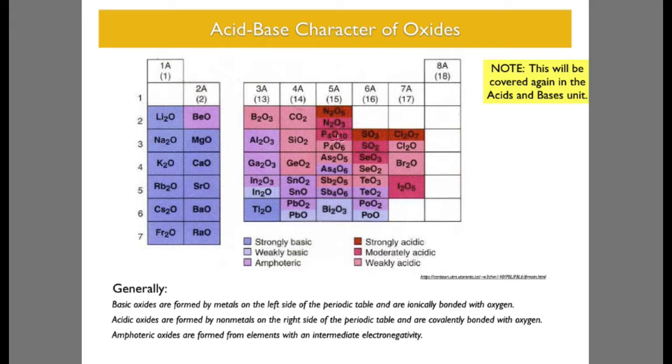So these here, the darker reds, the strongly acidic oxides, are covalently bonded to non-metals. The amphoteric oxides are formed from elements with an intermediate electronegativity, and that would be the lighter lilac colour here and the salmon pink coloured here of the germanium oxides, silicon oxides, etc.